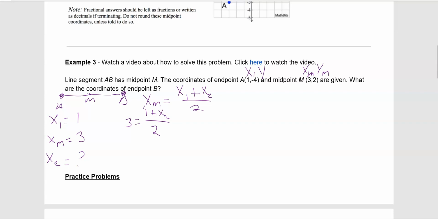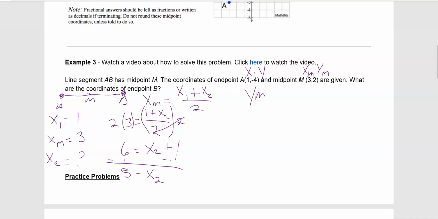To get rid of the denominator, we multiply by the denominator because it's dividing by 2. 2 times 3 is 6. These 2's cancel. 6 equals x2 plus 1. Subtract the 1 from both sides, and 5 is our x2. So same thing for y.